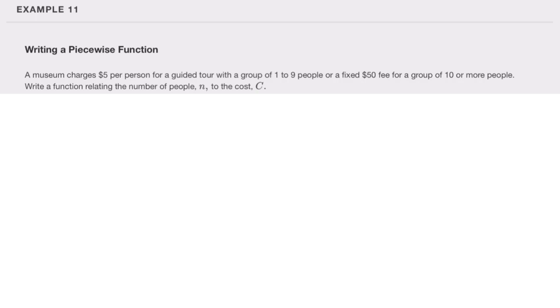It's $5 per person, so it's 5n, where n is the number of people, if the group is from 1 to 9. So that applies when n is greater than or equal to 1, but less than or equal to 9. But then it says it's a fixed $50 fee for groups of 10 or more.